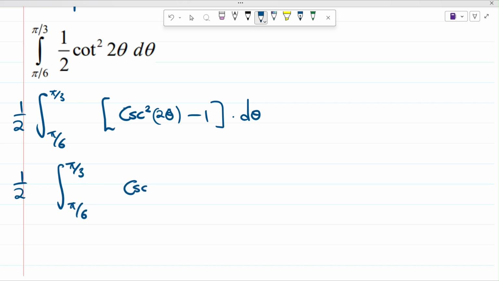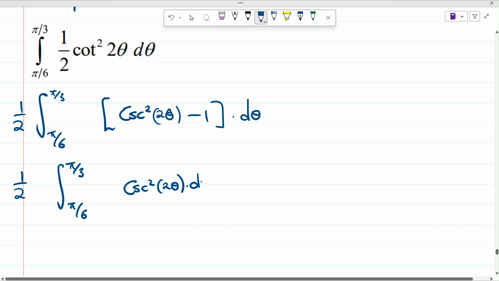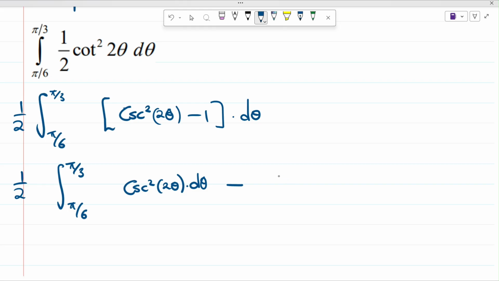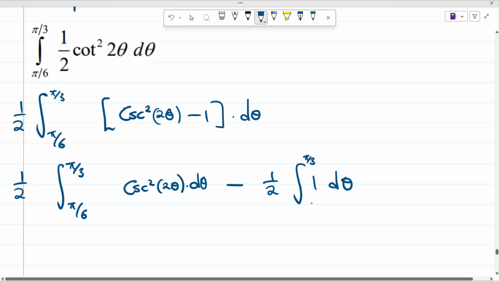So let me write cosec squared of 2 theta d theta here, minus, I can just put again the 1 over 2 that is going with everything, integral of 1 d theta. Okay, I forgot the limits here. Pi over 6 to pi over 3.